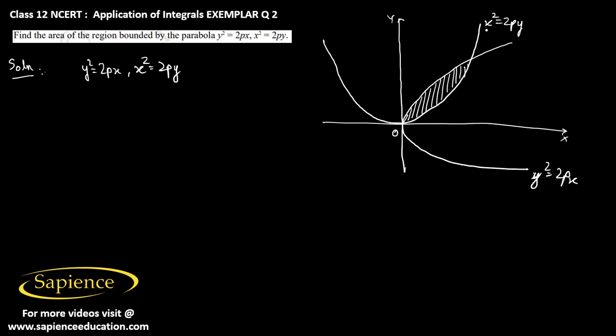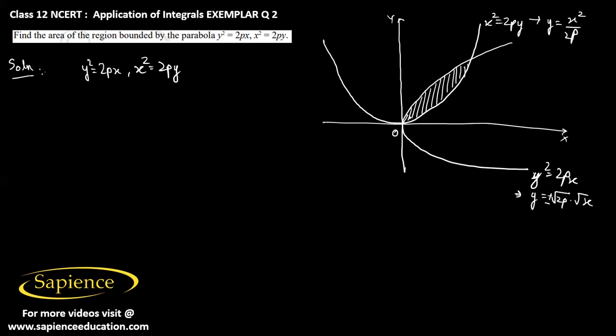Now we can also write this as y equals x square by 2p. And if I want to express y in terms of x, then taking the square root on both sides, y equals root over 2p times root x, so plus or minus will come.